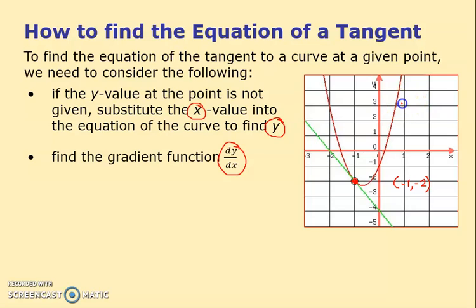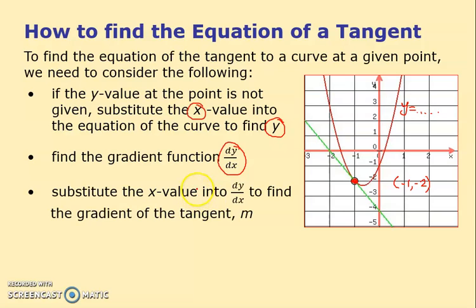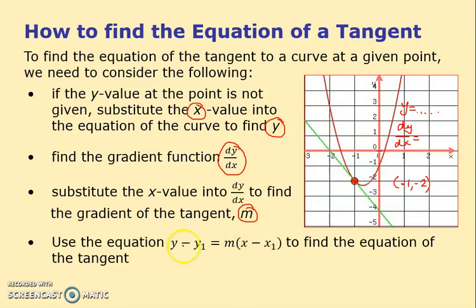Presumably you're given the y equals formula, and if you're given that formula, you can find your y from the x, so you're already halfway there. Thirdly, you substitute your x value, in this case minus 1, into your dy by dx formula. It gives you your gradient, and we call that m. Then you can use this y minus y1 formula, and that will get you the equation of a tangent.